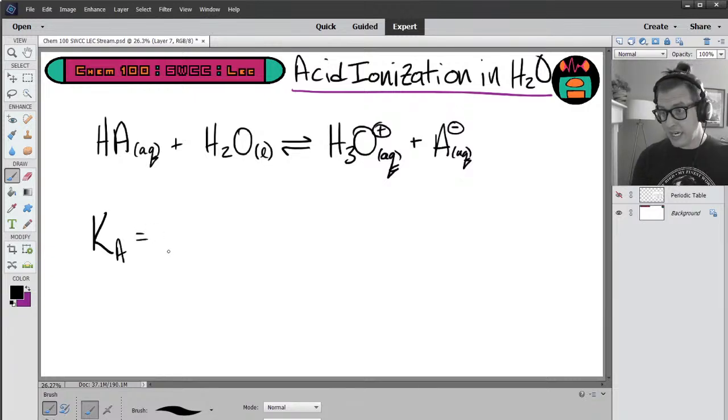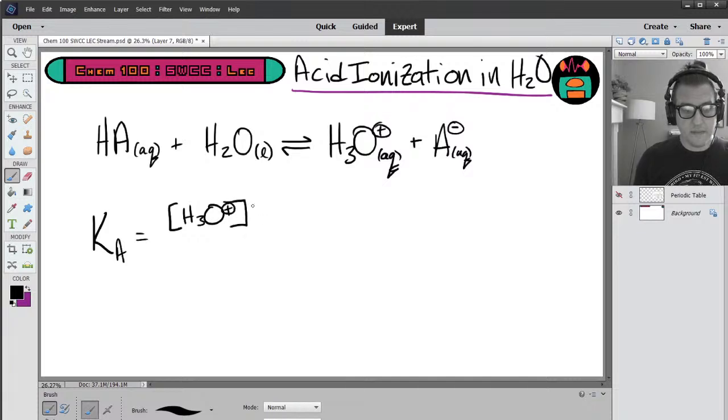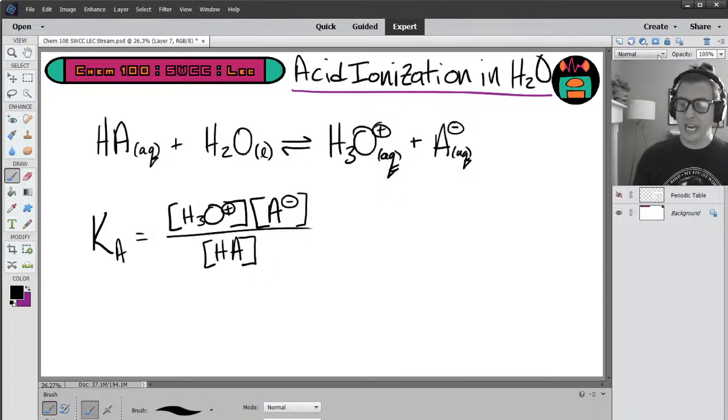And just like every equilibrium, it equals the concentration of products over the concentration of reactants. So we have hydronium, we have A minus, the conjugate base, over, so those are our products, over the molarity of our reactants, which is just going to be HA.